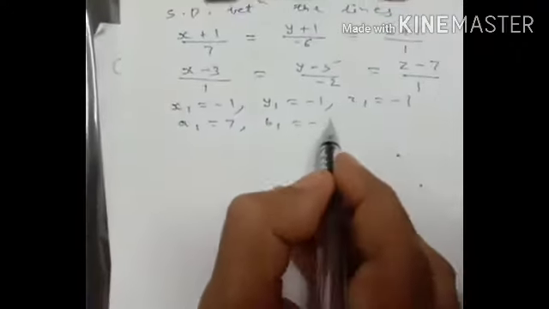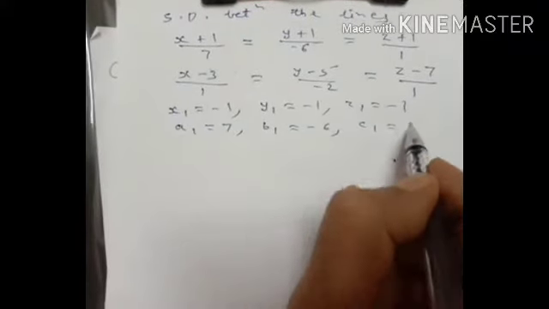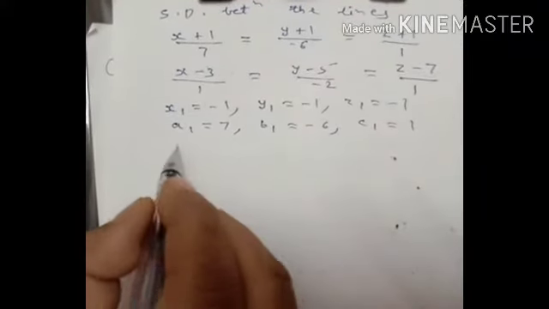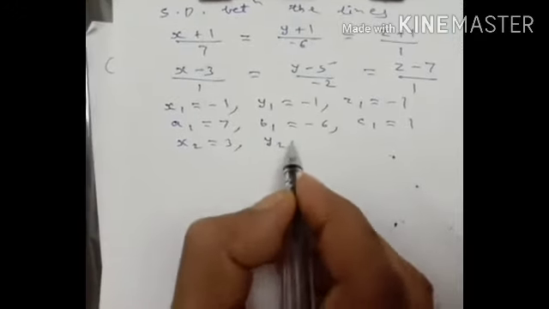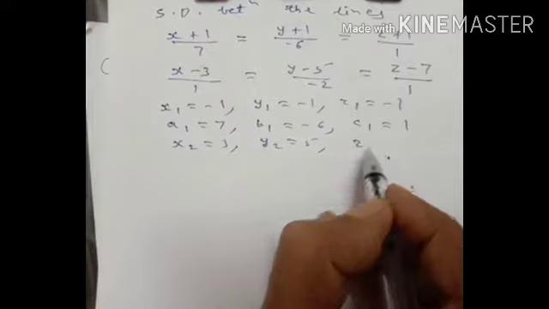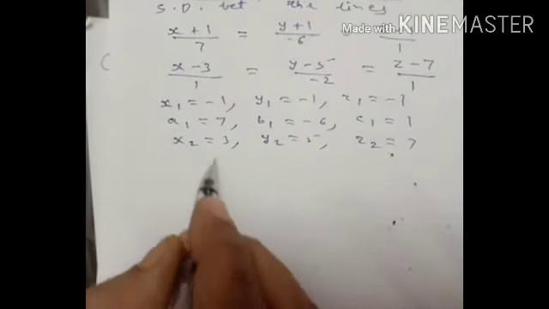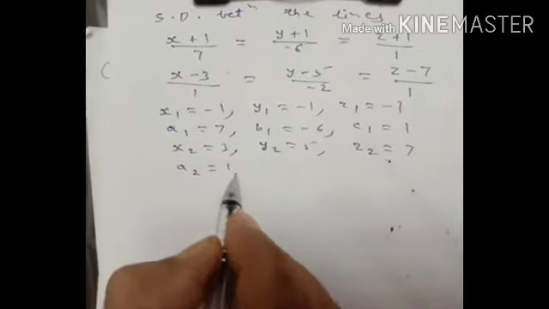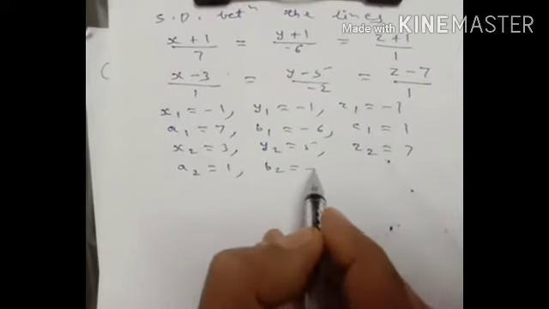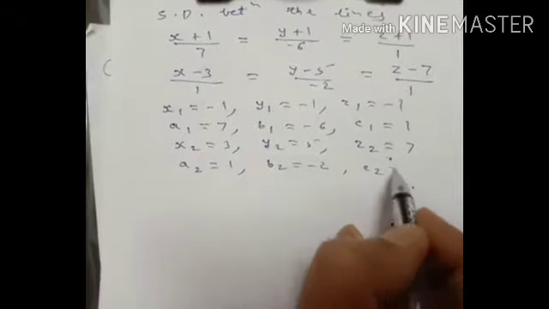So a1 = 7, b1 = -6, c1 = 1. From the second line we get x2 = 3, y2 = 5, z2 = 7. The numbers in the denominator are the direction ratios: a2 = 1, b2 = -2, c2 = 1.